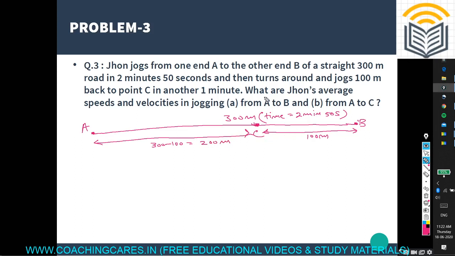Now it is asking what are John's average speed and velocity in jogging from A to B and A to C. So now the first case we'll take is from A to B.